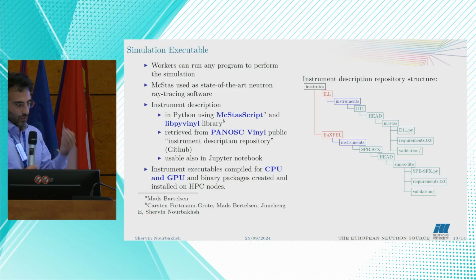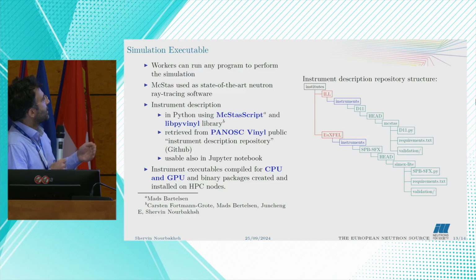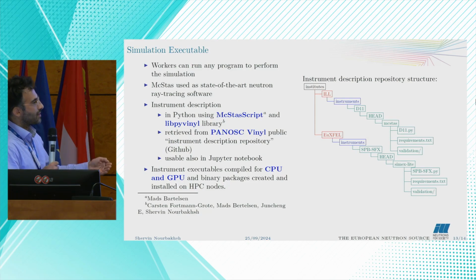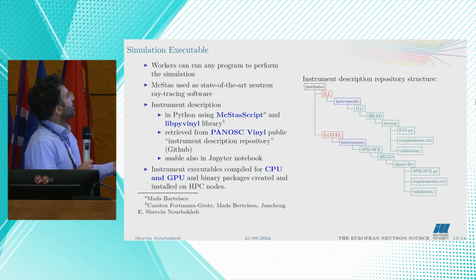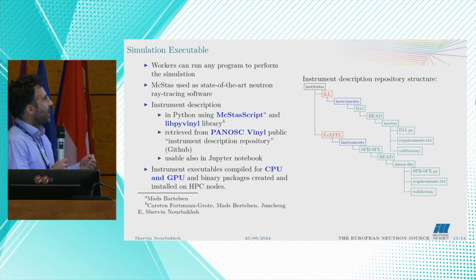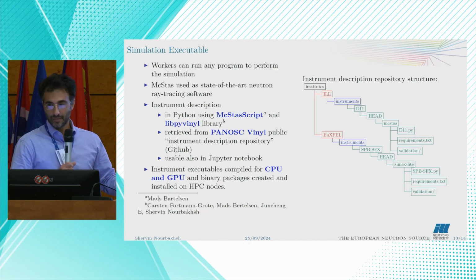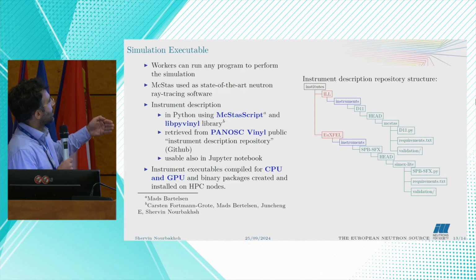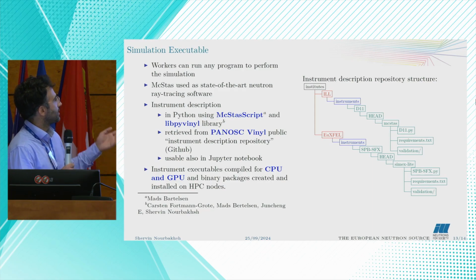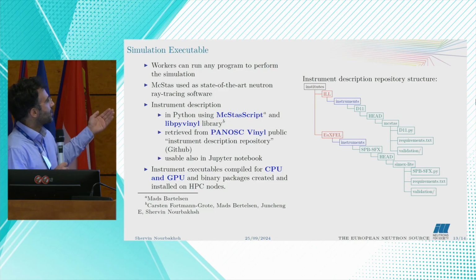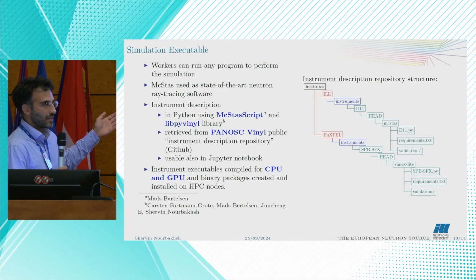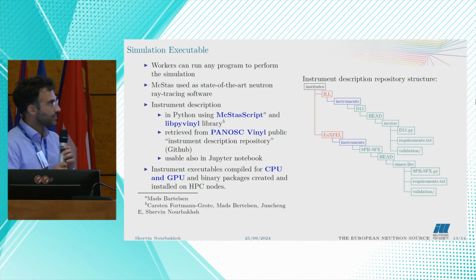What happens on the workers? So the workers are running a program of the simulation. This is, as I said, a McStas compiled binary. For the description of the instrument, we have chosen to build upon what was done in PaNOSC, essentially describing the instruments in Python using McStas script and the libpyvinyl library, and storing them in a GitHub public repository, the PaNOSC vinyl repository.